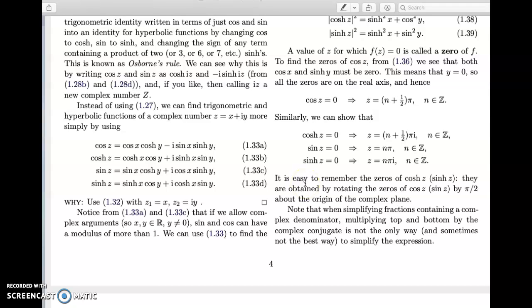Okay, so the final thing I want to do in this section is something that will be useful later on. When you simplify fractions containing a complex denominator, something below the divide sign, what you normally do is multiply top and bottom by the complex conjugate.